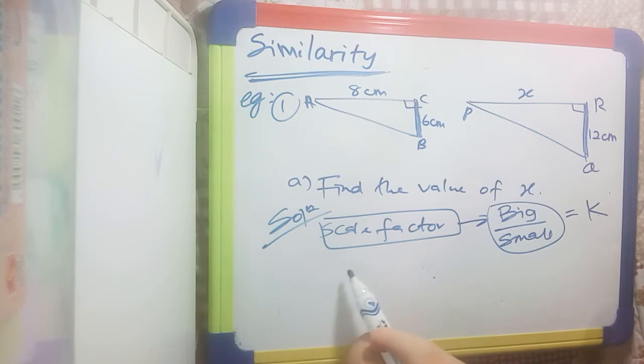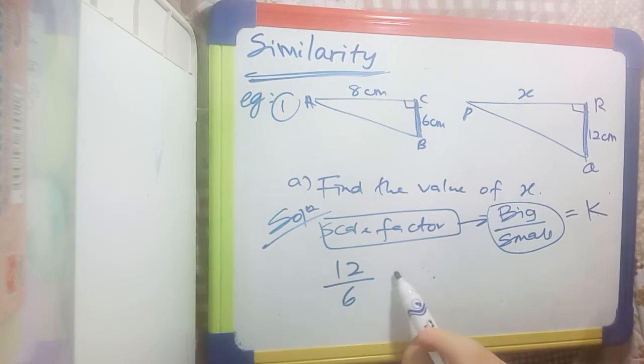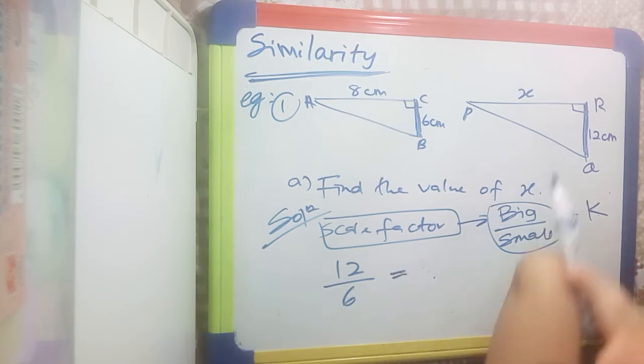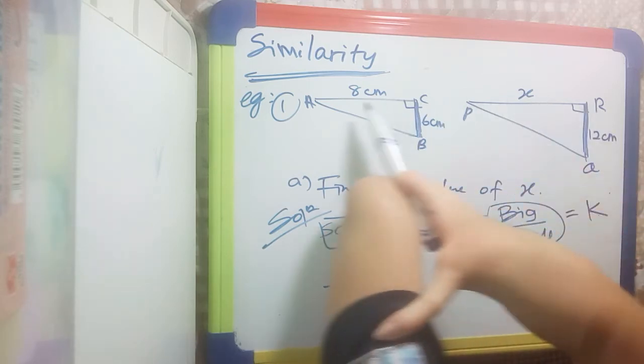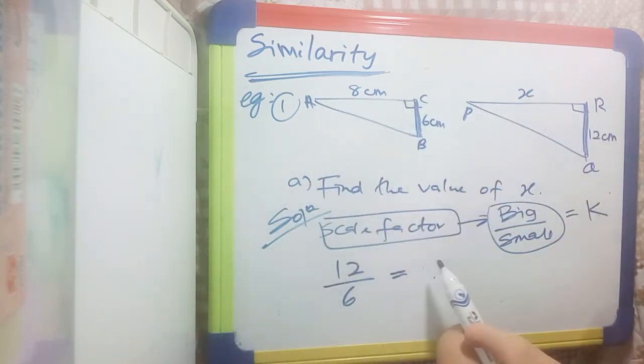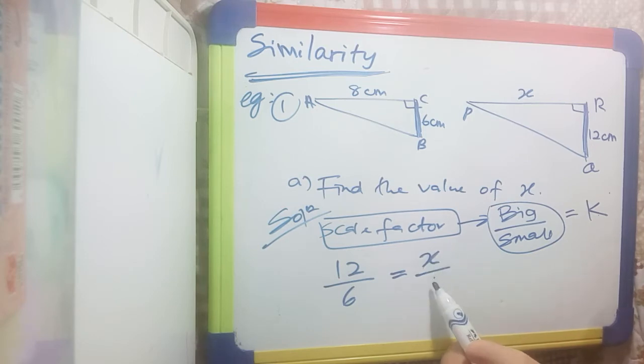Okay, I will use big over small, so 12 over 6, then equal to PR over AC. PR is X over AC is 8. Okay, rearrange, make X the subject.